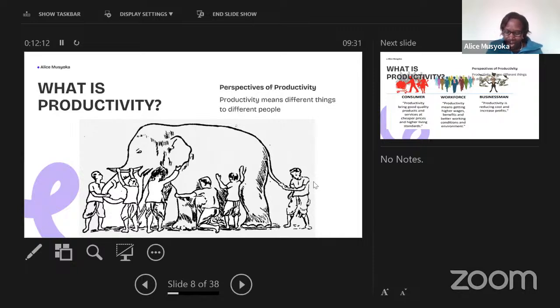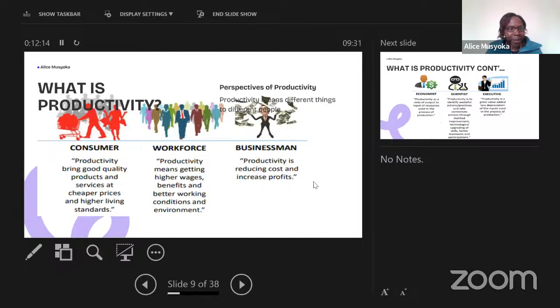So let's look at how consumers would define productivity. To a consumer, productivity should bring good quality products and services at cheaper prices, and they should bring higher living standards.